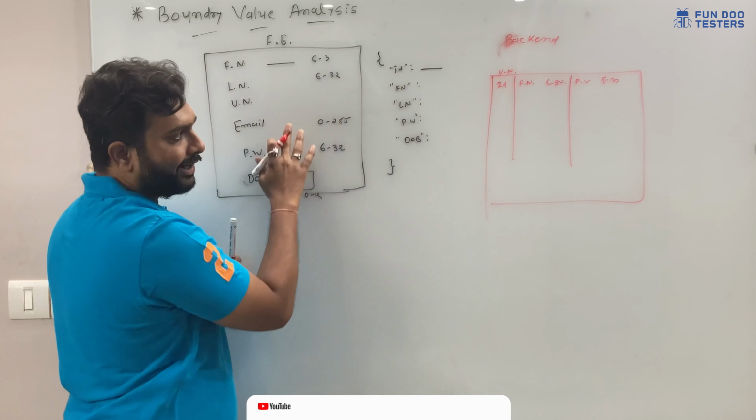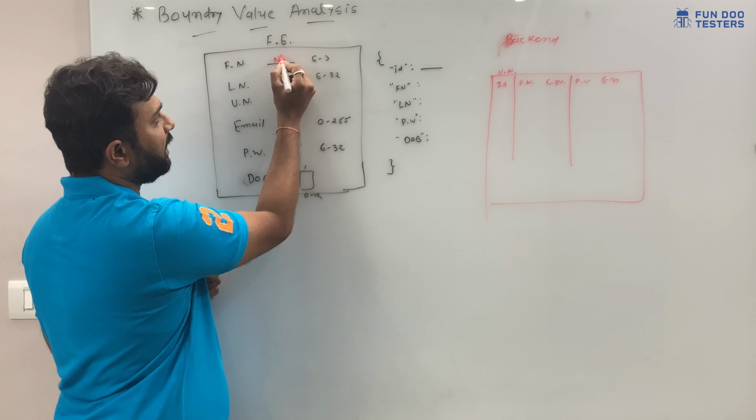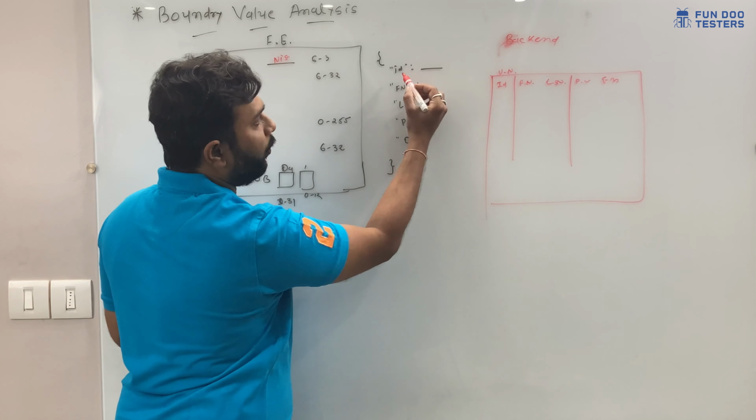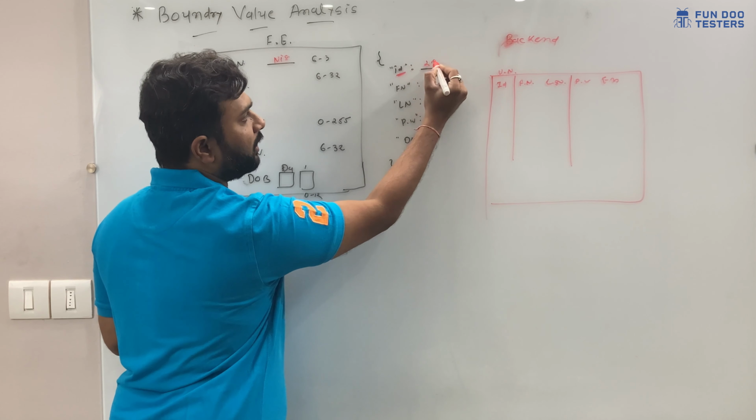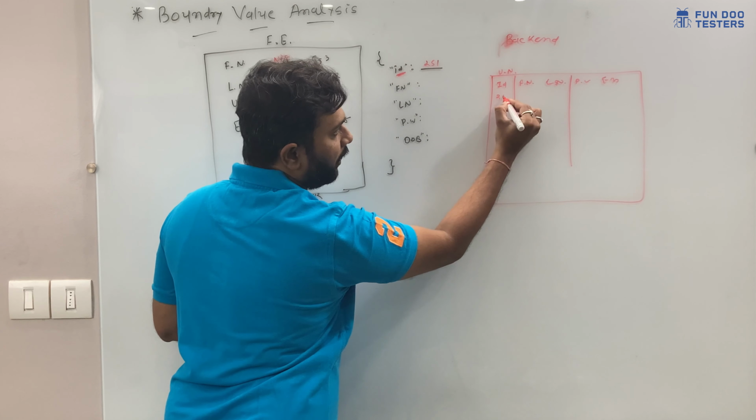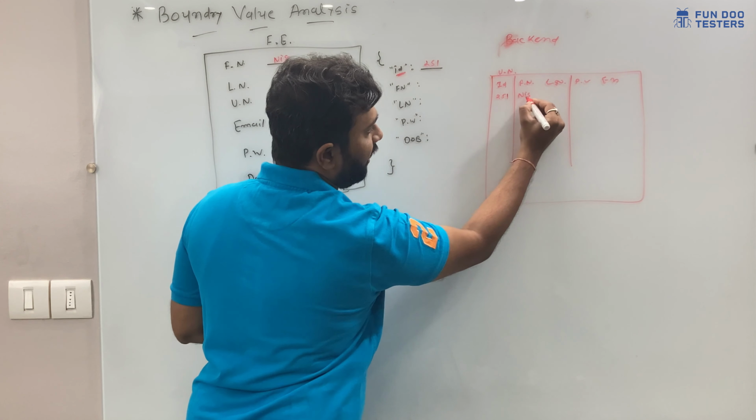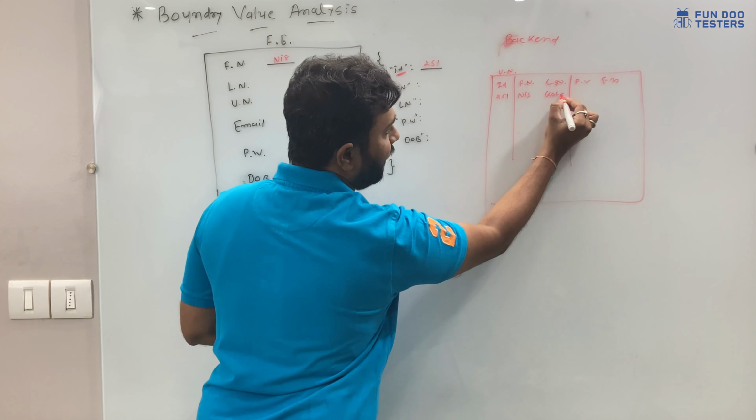Let's say I am sending first name as Nissan, so it will automatically generate the ID. Let's say it will generate 251. So here it will go like 251, first name will be Nissan, last name will be Gohel. So like that it will go.